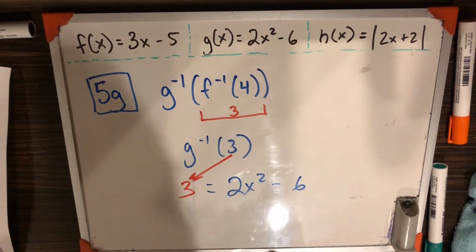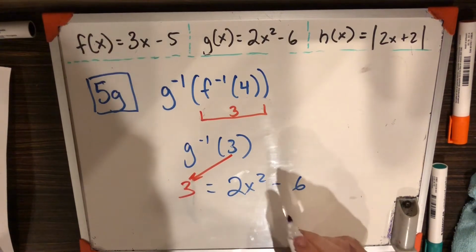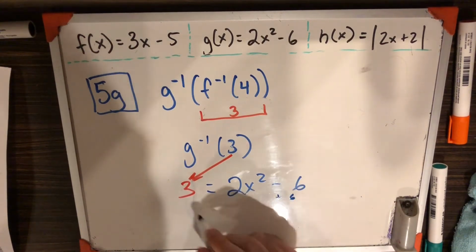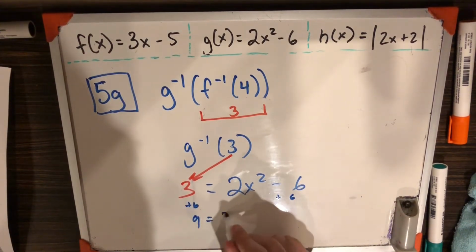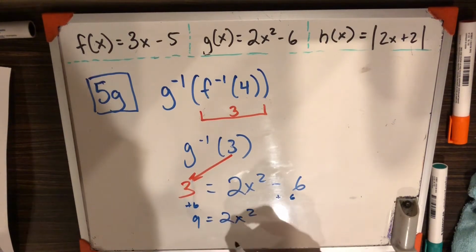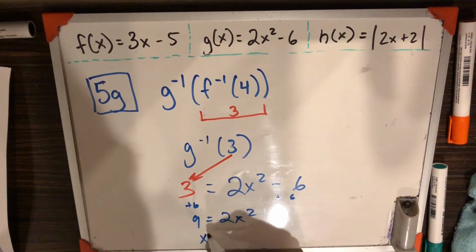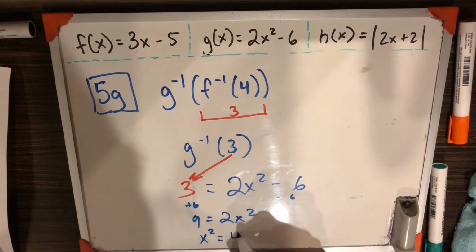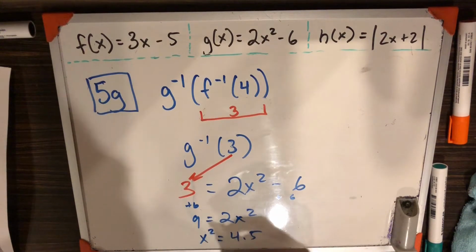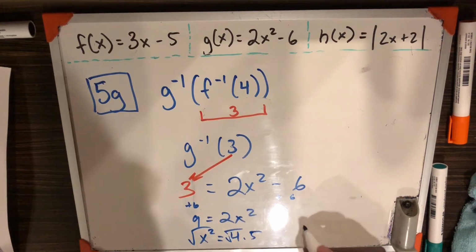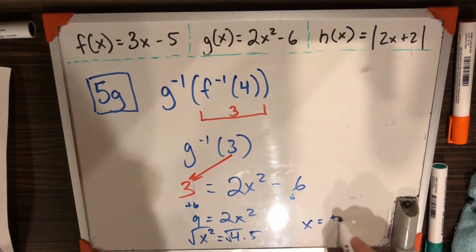Okay, and all I have to do is find out what my x element is. So plus 6, 9 is equal to 2x squared. Divide by 2, x squared ends up being equal to 4.5. Okay, if I take the square root of that, x ends up being equal to plus or minus.